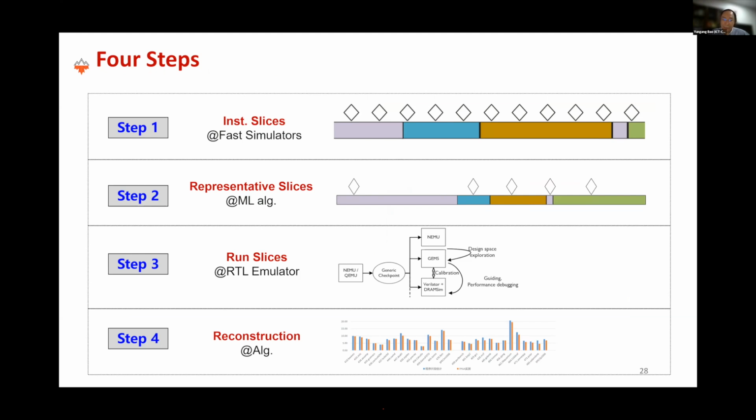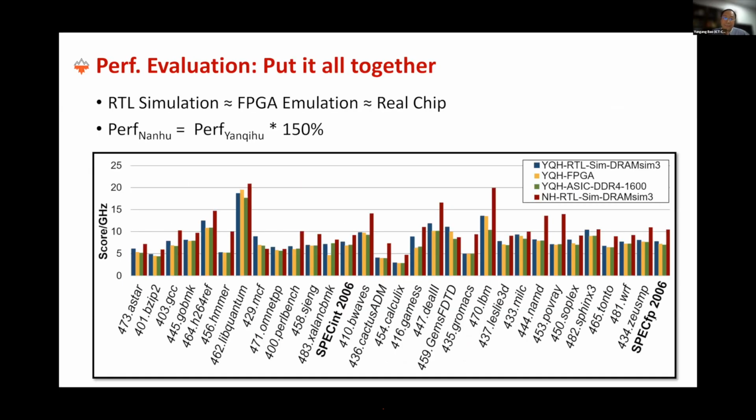And finally, we use an algorithm to reconstruct the performance by combining those together. Here is the performance evaluation result. On this chart, we can see that the performance of RTL simulation is almost the same as the FPGA emulation, and also almost the same as the real chip. This means that our approach is convincing.